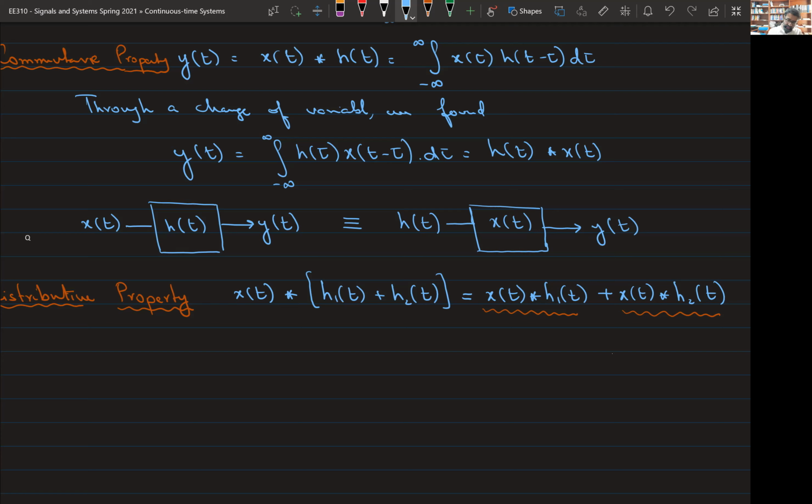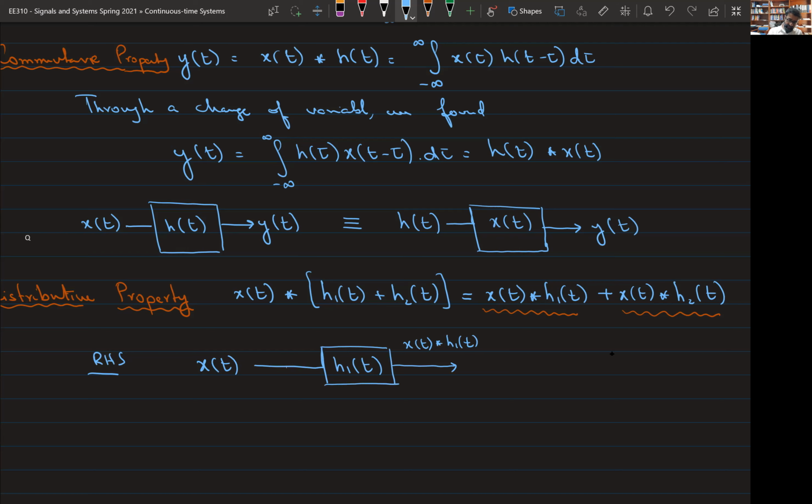Excellent. So the right-hand side can be interpreted like this. There's one input x of t, and this goes to an LTI system which has an impulse response h1 of t. Because the system is LTI, the output I get is x of t convolved with h1 of t.